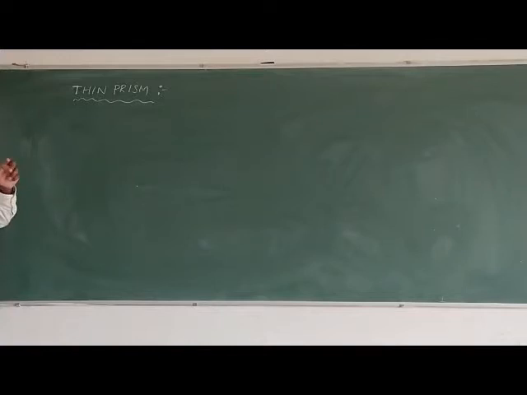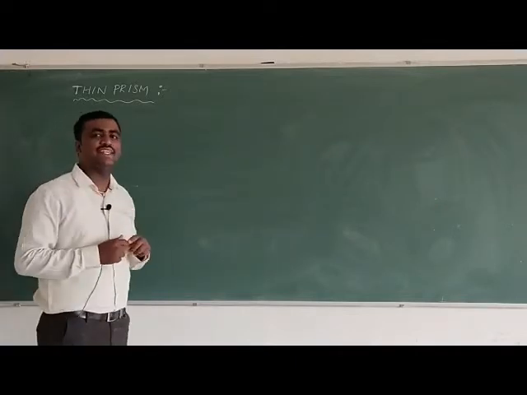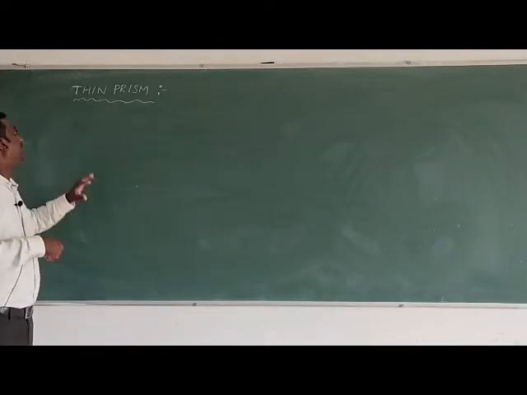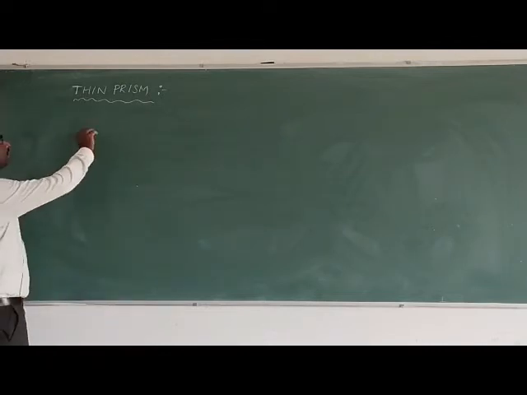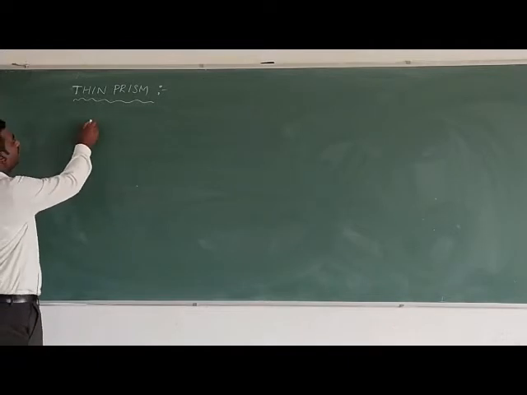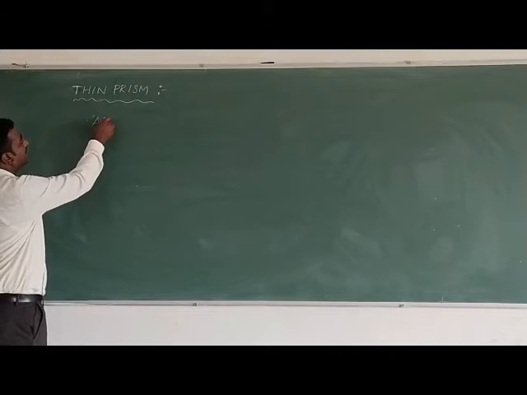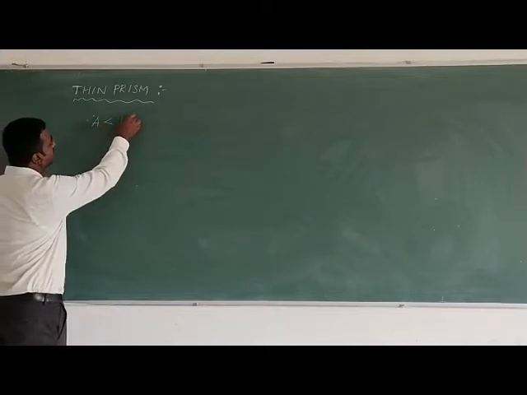So when the size of the prism is small, what is the angle of the prism? Thin prism means the prism is very small and the angle of the prism, angle A, is lesser than 10 degree.